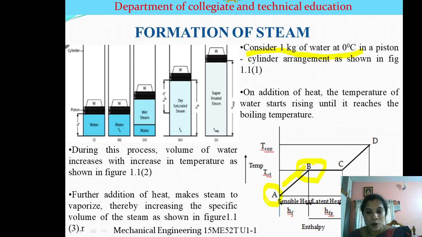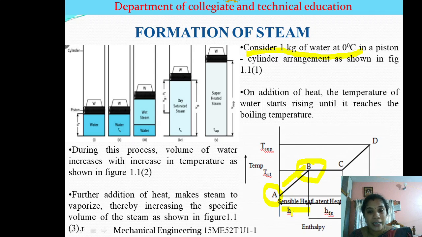During this process, that is A to B, what is happening? We are heating the water from 0 degree Celsius to its boiling point. The heat absorbed during this process is the sensible heat. The amount of heat required to raise the water from 0 degree Celsius to the boiling point is called sensible heat, which is represented by hf.